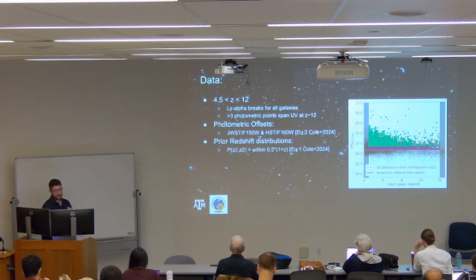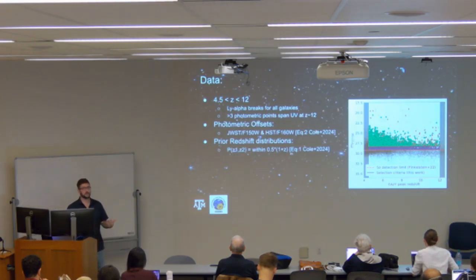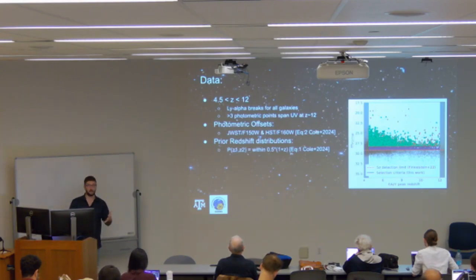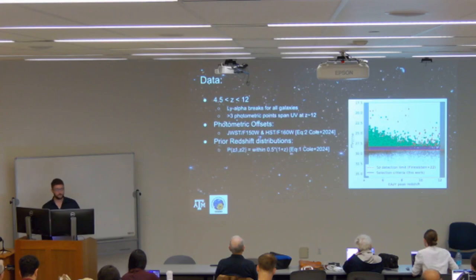And then we do 2 more selections. Basically, we want to require that the HST and JWST photometry are consistent with each other. If they're not, it's going to make SED fitting extremely difficult. So that's one selection that we make here. And another is the width of the redshift distributions that come out of EAZY.